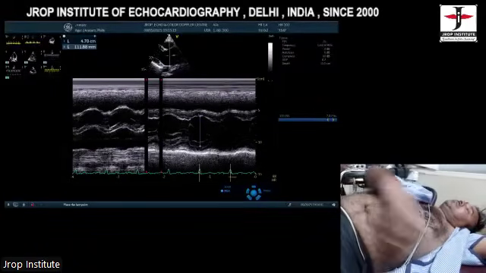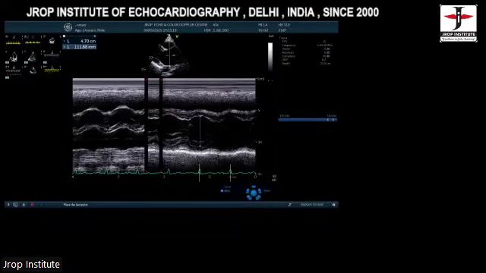Sir, is it possible to measure LA pressure from echo? LA pressure from echo, why not? Diastolic function evaluation is LA pressure. How can we measure? Wait for time. We are starting a journey of echocardiography.